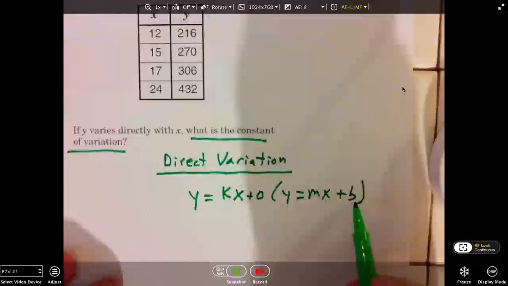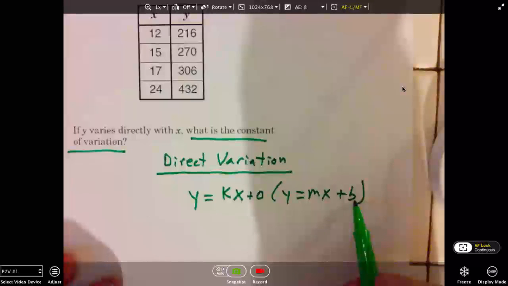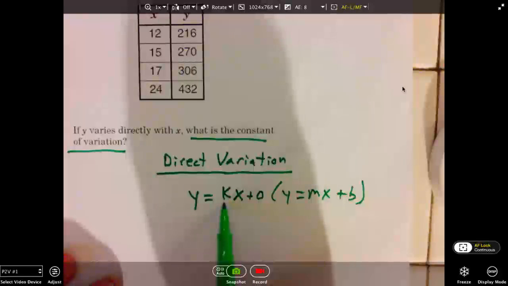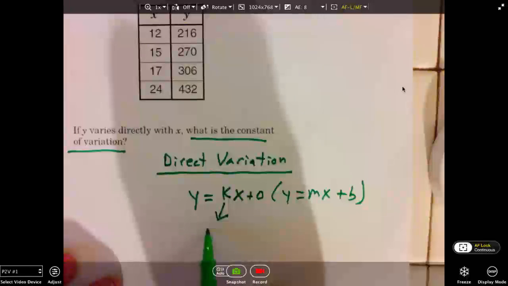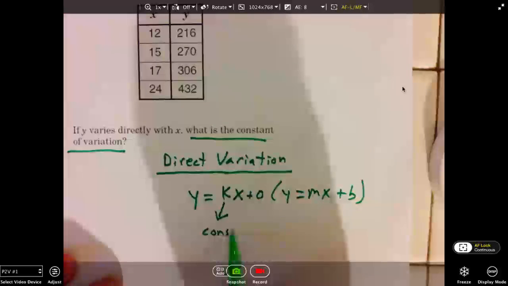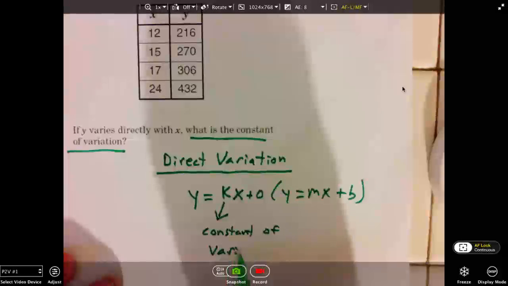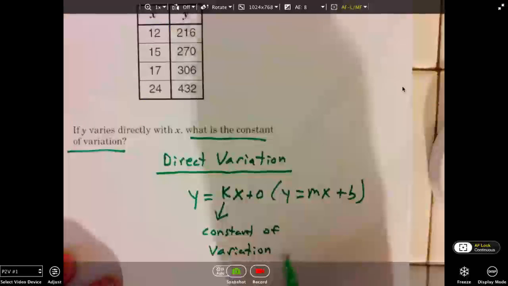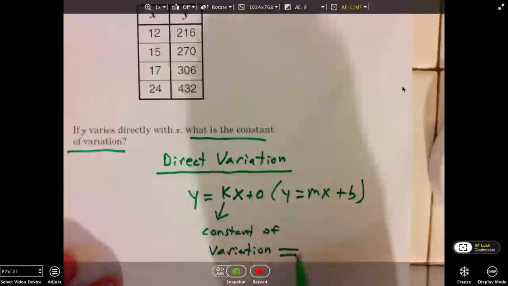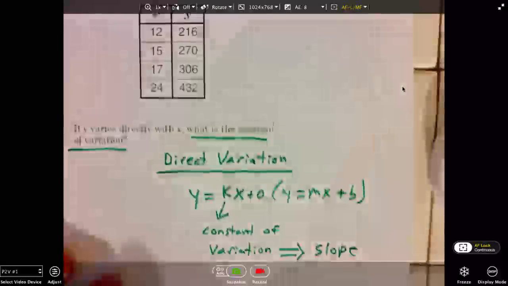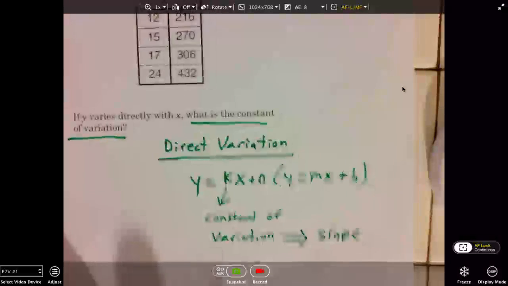In our case, b can be 0 and any other constant. So, in this form, y equals kx, this k is called the constant of variation. And the constant of variation is the slope.